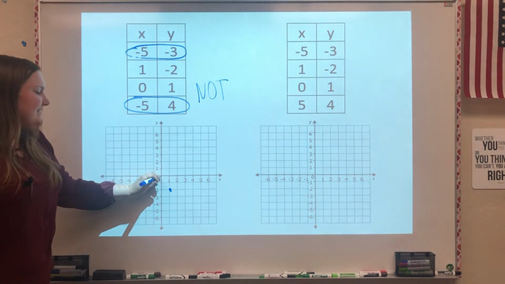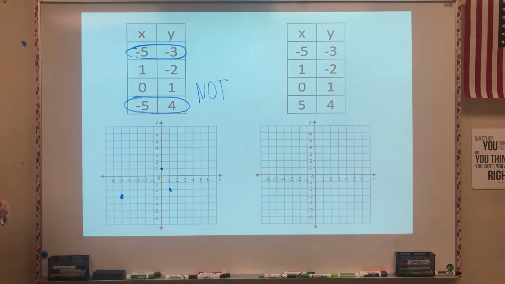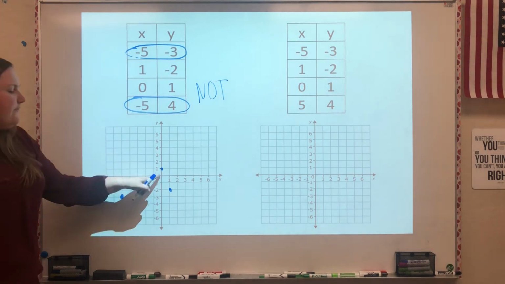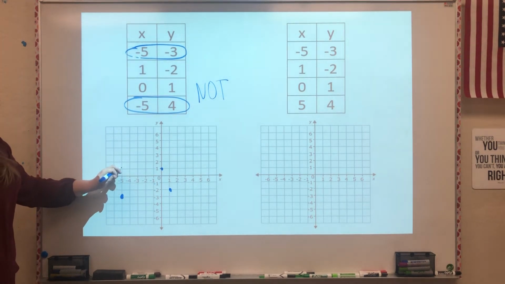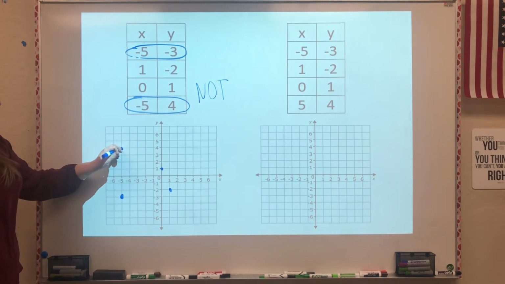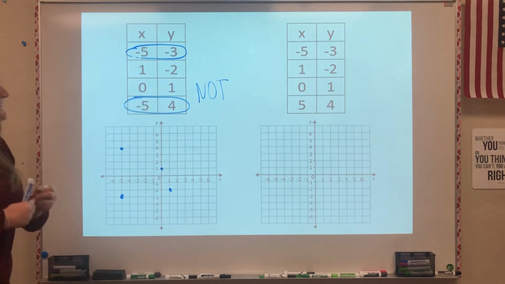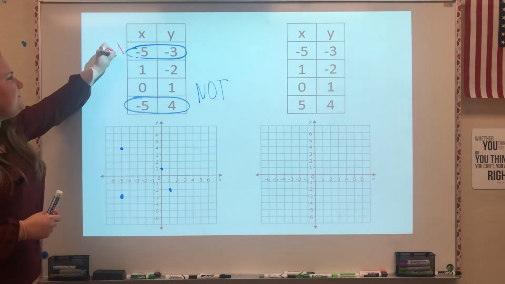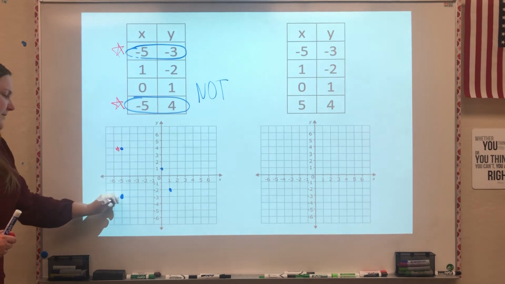That's 0 on our x-axis and then going up to 1. And then this last one here, -5, 4 is going over to -5 and then going up 4. 1, 2, 3, 4. And to point out here, the reason this is not a function is because of right there, which would be these 2 points here.